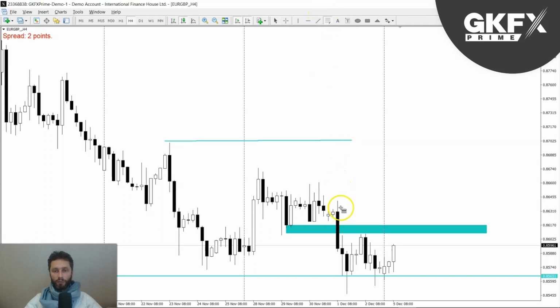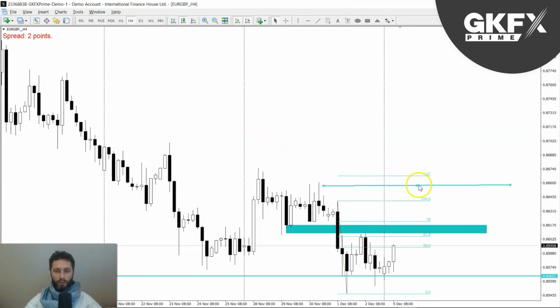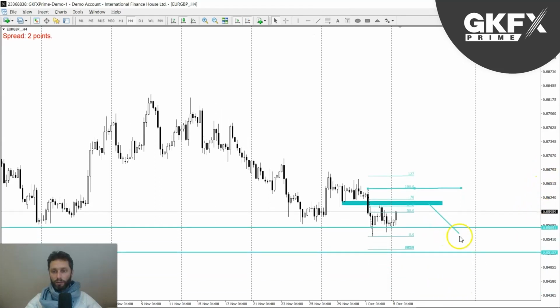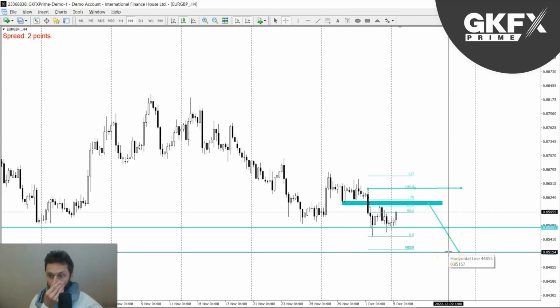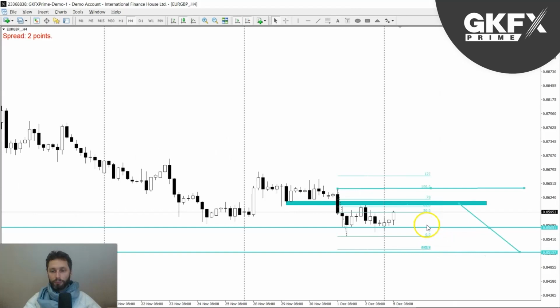If you'd like to draw a fib, here's the major high, here's the low, and you can see the 61 and 78 levels here. And now I'll be interested in this high not being breached, and a reaction from this level down to the next area at about 0.852, around about there.